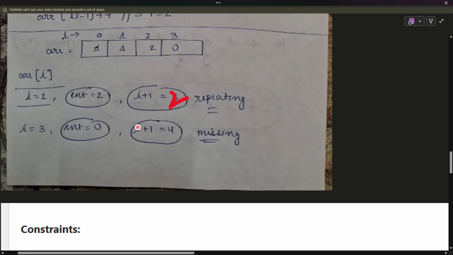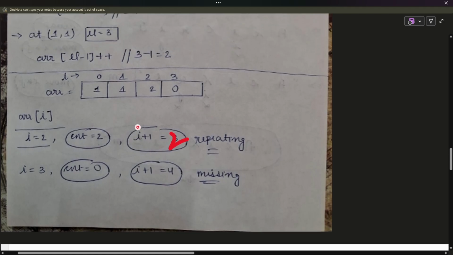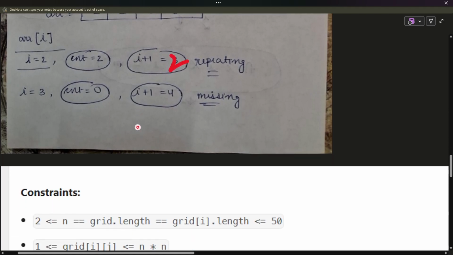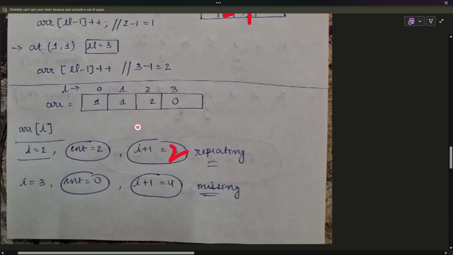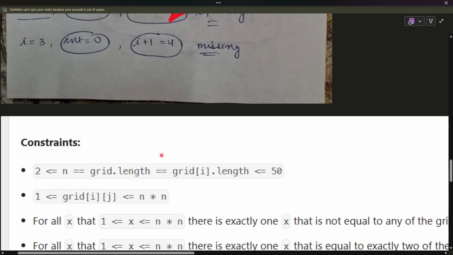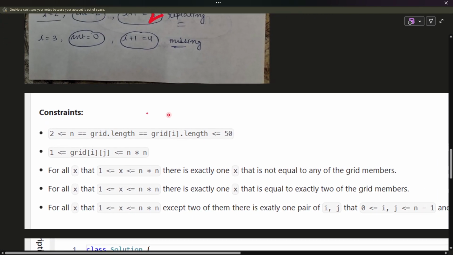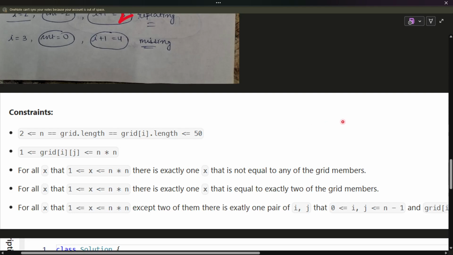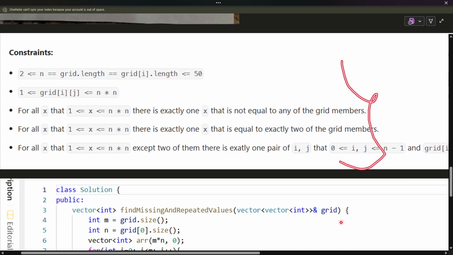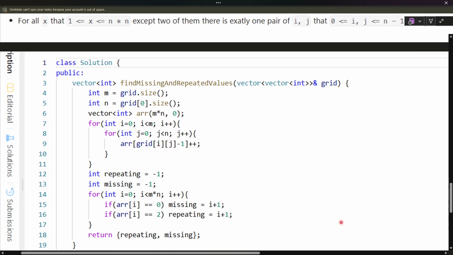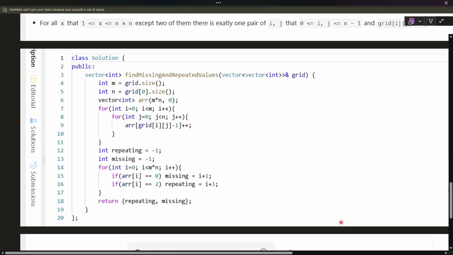This one is more intuitive, I would say. And here are the constraints. They are not that much, it's quite low. So let me show you how we have done it.